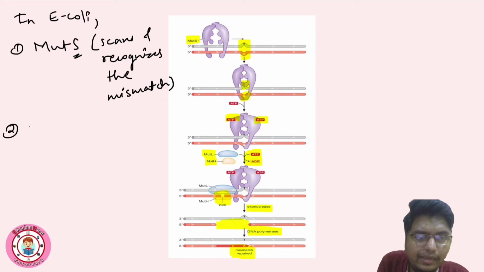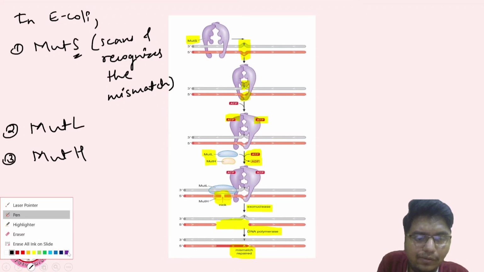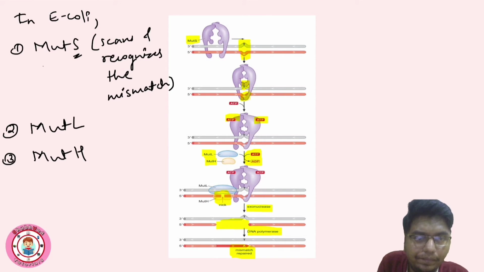Second protein is MutL, and this will again recruit a third protein, MutH. MutS is an ATPase, you have to remember this. ATPase means it will bring ATP hydrolysis.